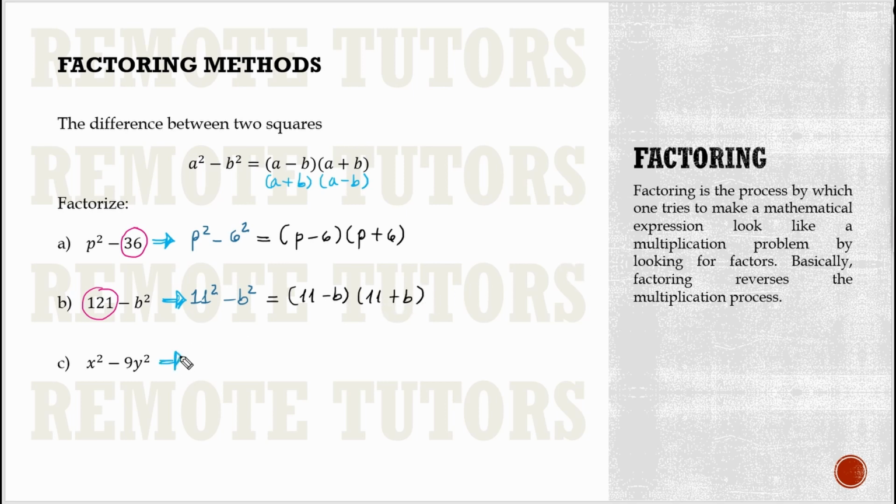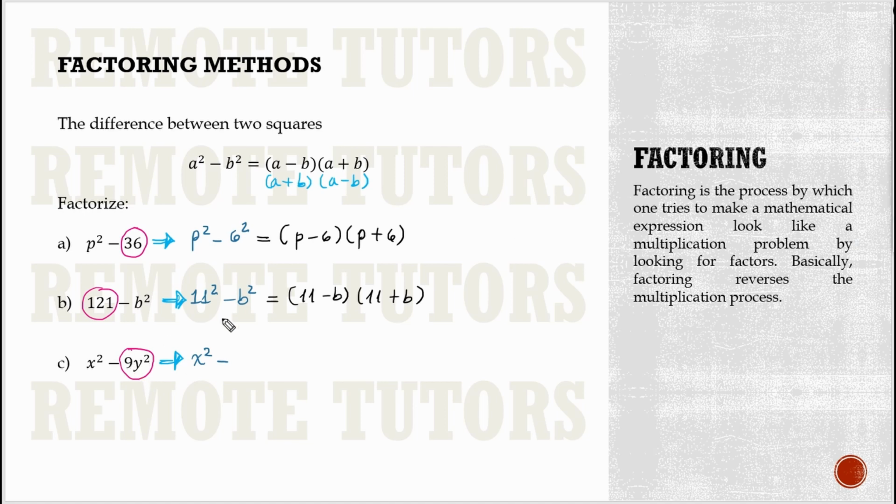And at last, here, we get x squared minus 9y squared. All of this should be written as the square of something.